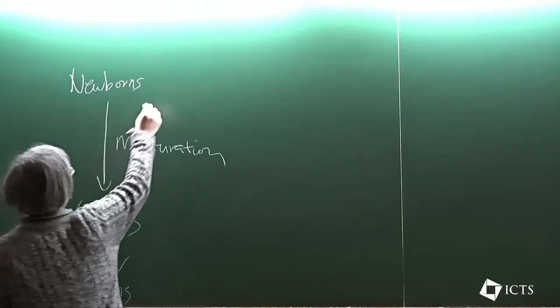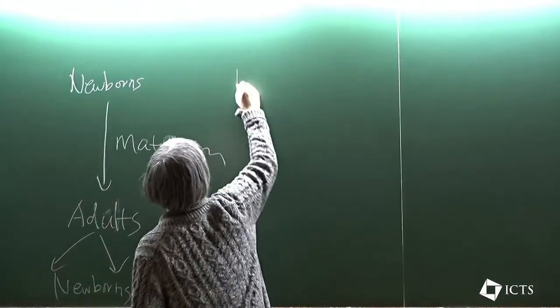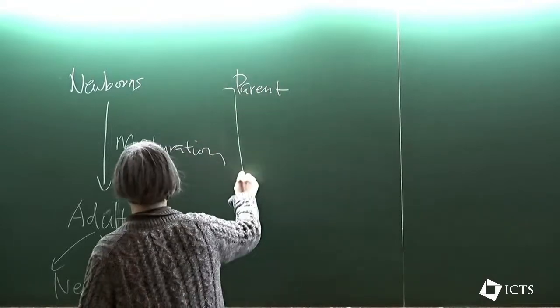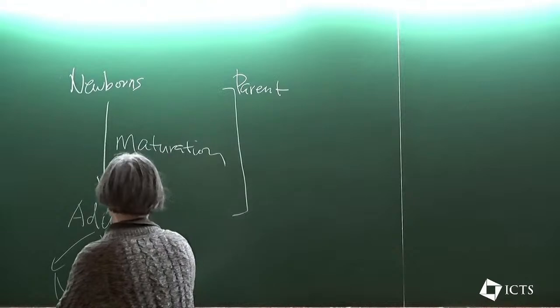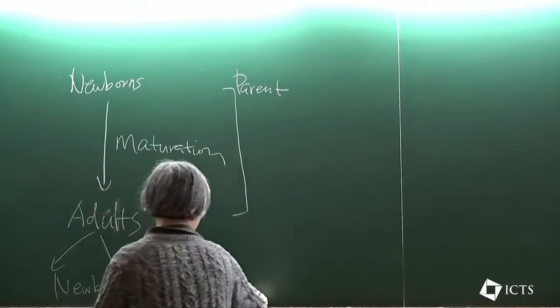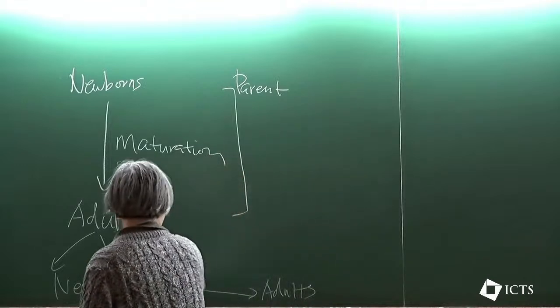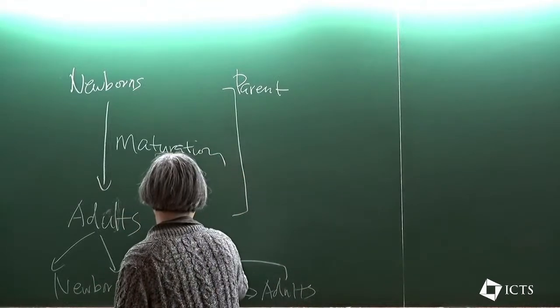I call this the parent generation. Then the newborns go to adults again, and this is the offspring generation.